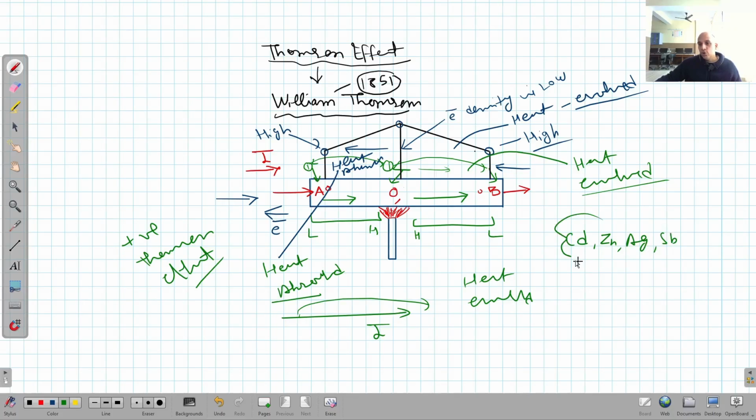They also show positive Thomson effect, right? And this effect is reversible. If I reverse the direction of the flow of current, obviously the heat absorbed and heat evolved will get exchanged. If I try to flow current in this direction, then heat will be absorbed here and heat will be evolved here. So remember that Thomson effect is reversible, right?